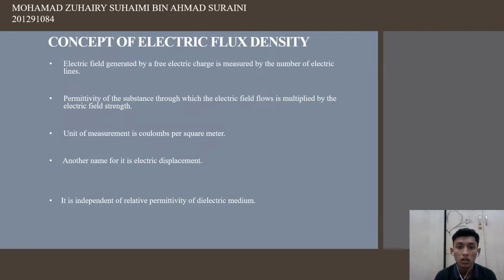The unit for electric flux density is coulomb per square meter. Another name for this flux density is electric displacement. Others call it electric displacement rather than electric flux density. It is also independent of the relative permittivity of a dielectric medium. So this is the concept of electric flux density.